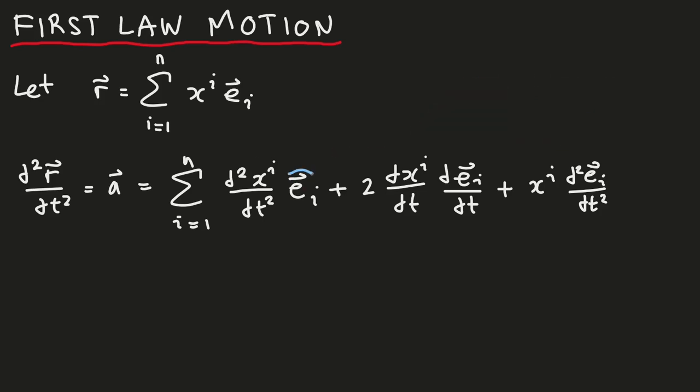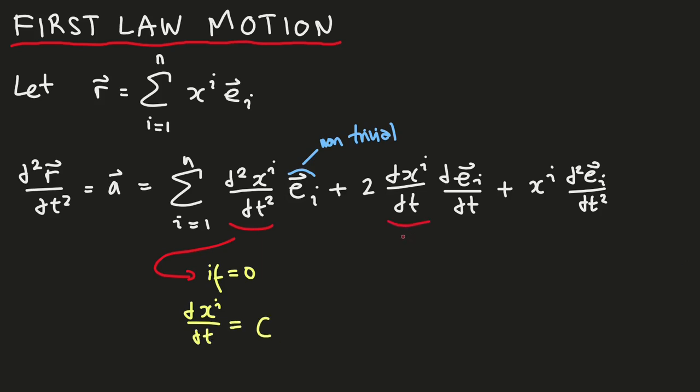First, we choose a non-trivial basis, which means all basis vectors are non-zero vectors. Then if the second derivative of each component is zero, that means the first derivative of each component is a constant with respect to time.